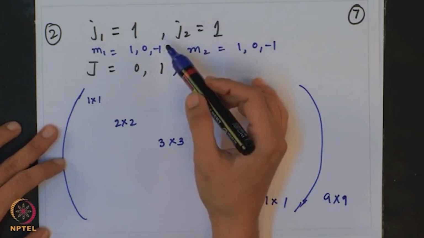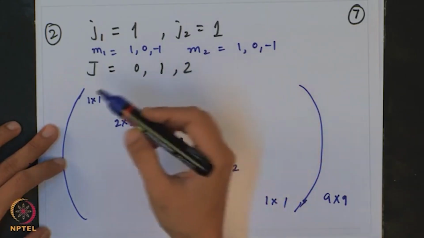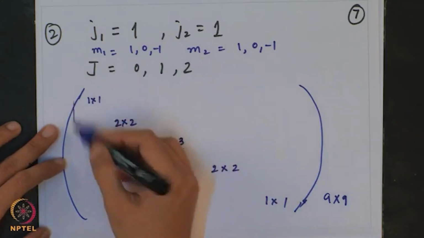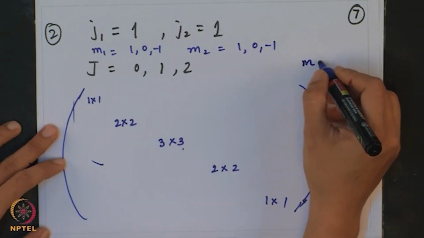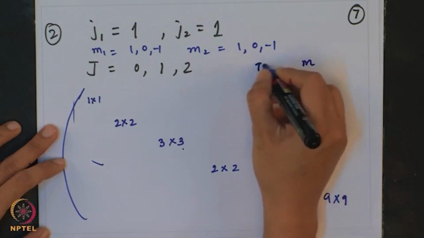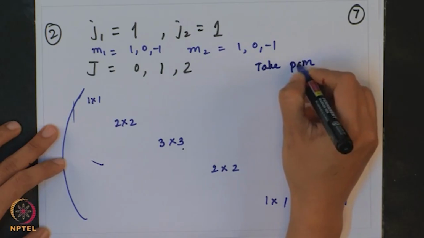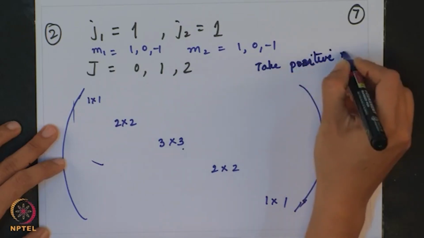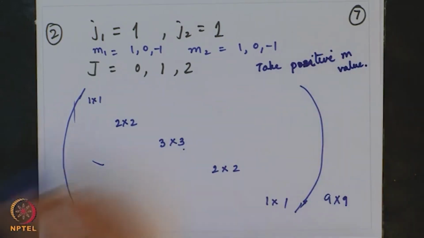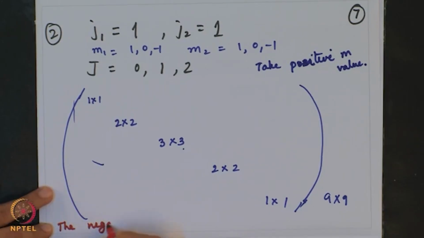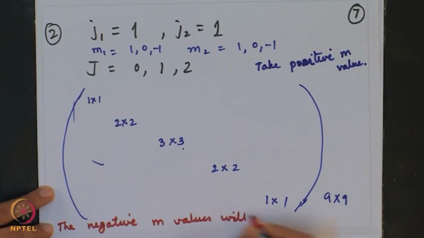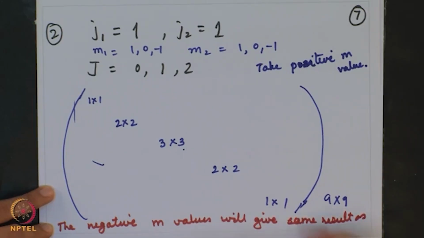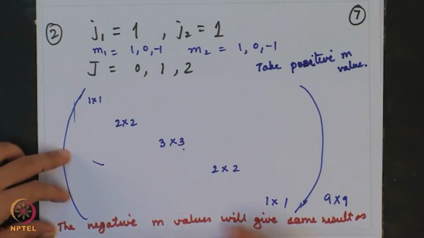And one more thing is important to note here, that you can actually calculate this part of the matrix where you take positive m values only, and the negative m values will give the same result as positive m values.